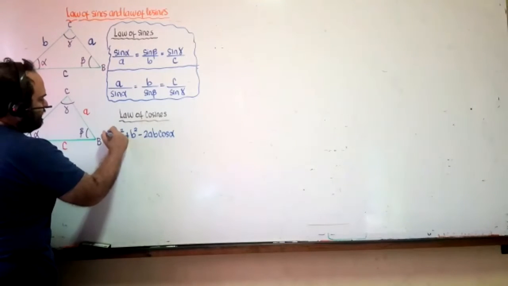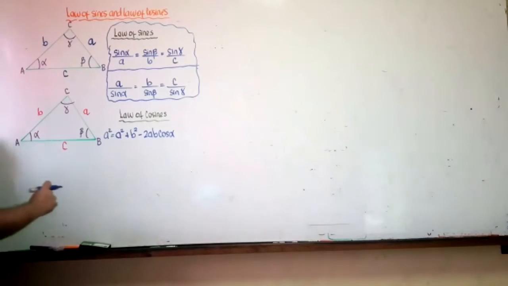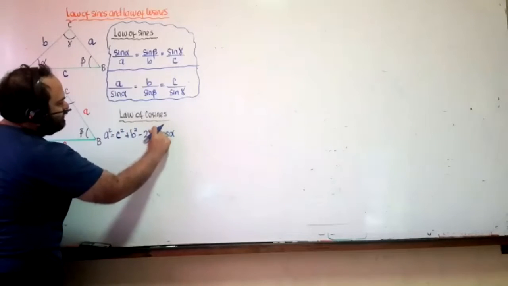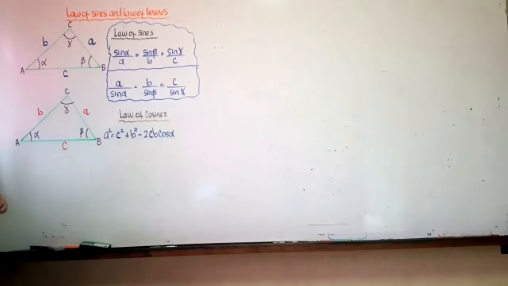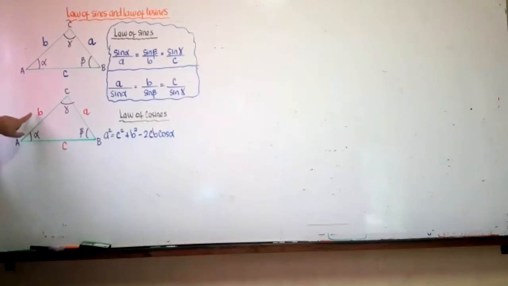You use this if and only if you're looking for side A. Because if you see the picture, we're looking for the value of A, the legs involved will be B and C, and the angle between them will be alpha. And this is the general equation.